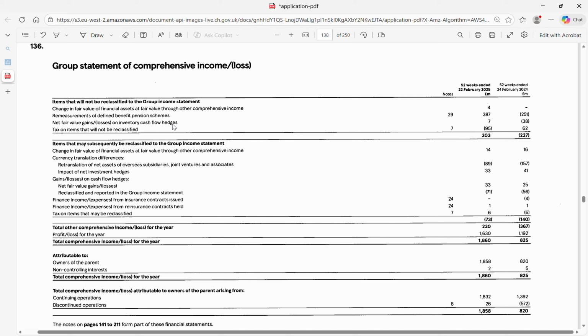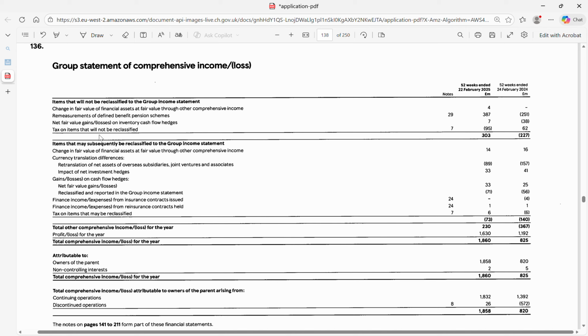They don't like uncontrolled risks generally. So they'll try and put contracts in place to control risk, basically. So they're doing some sort of cash flow hedge to cover risk on their inventory items.